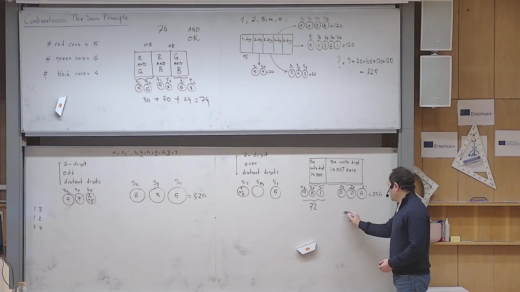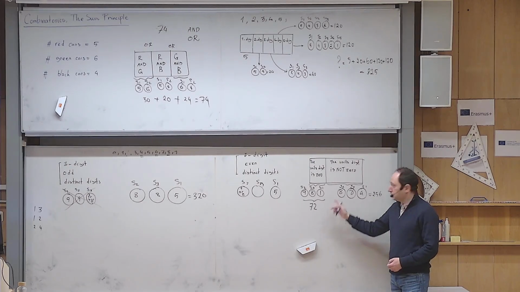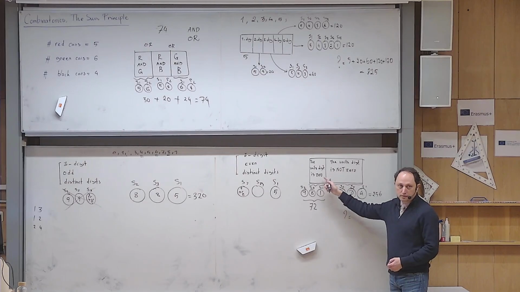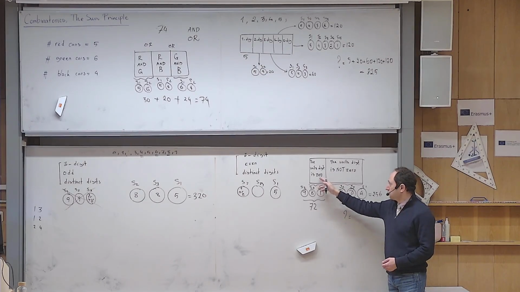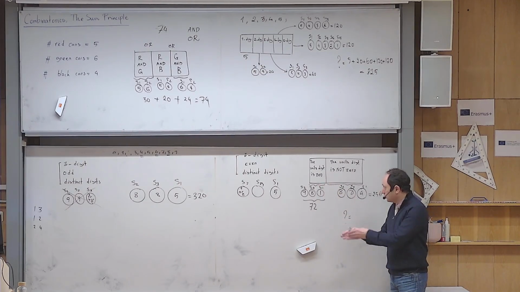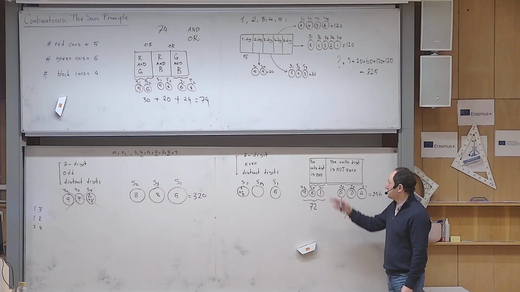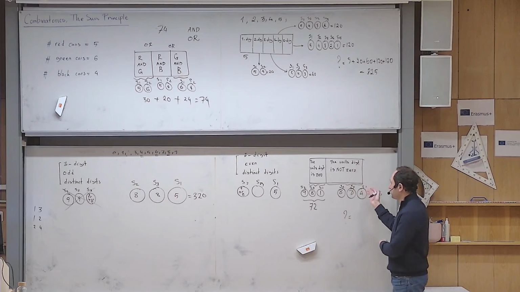So the total number. By the way, am I allowed to add now? Why? Because there is no overlap. If my 3-digit number ends with 0, it cannot simultaneously end with non-zero, and if it ends with non-zero, it cannot simultaneously end with 0. So yes, I can safely add.